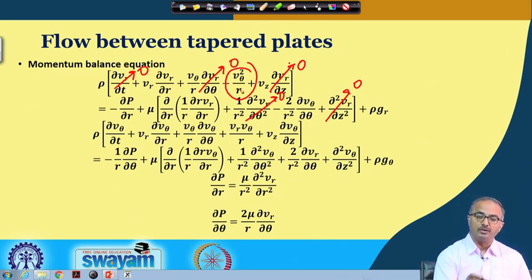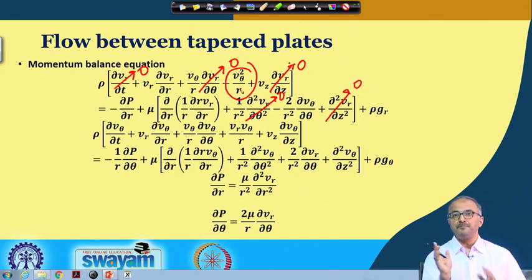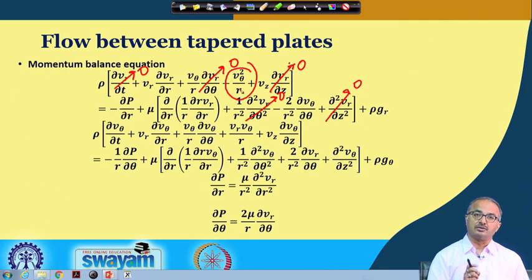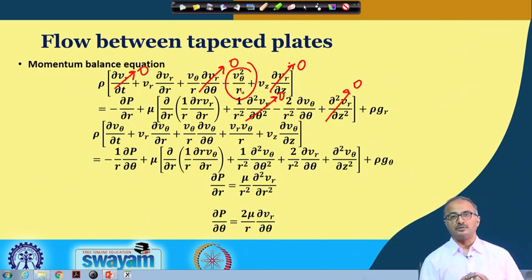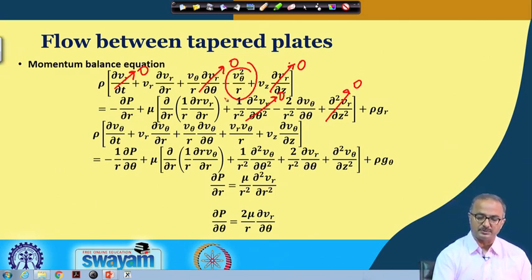Looking at this equation, you understand that this has something to do with the centrifugal force acting on the fluid, and centrifugal force always acts radially. So whenever you write the radial momentum balance in cylindrical coordinates, you always have this v theta square by r term to take care of the centrifugal force. But in this case it is absent because, as per the question, the v theta component is 0.